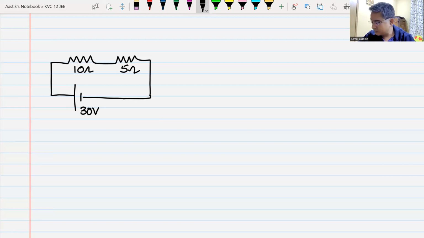Battery and 2 resistors. Everyone sees it? I have connected 2 capacitors like this. This is a capacitor of 2 microfarad, and the other one, also blue, is 4 microfarad.